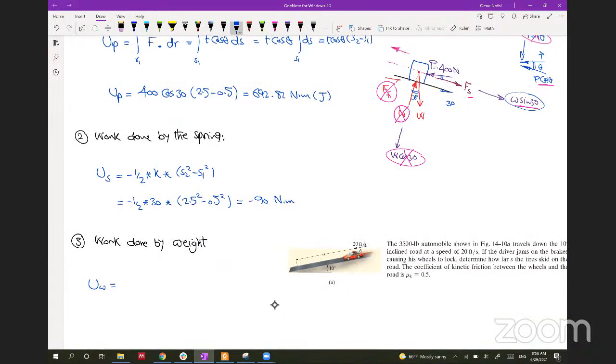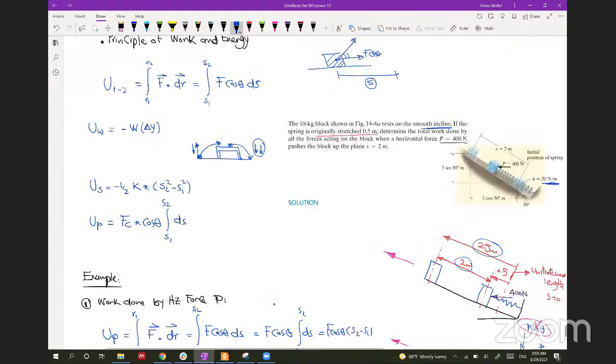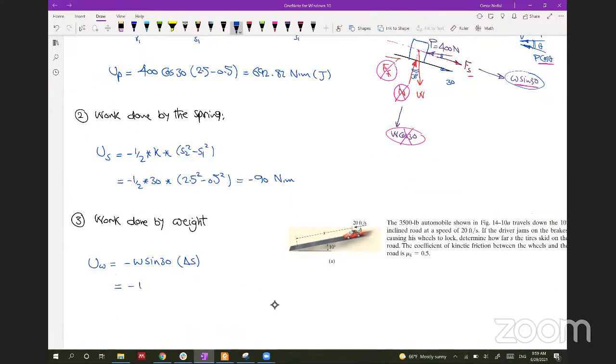So the force will be negative W sine 30, multiplied by delta S, which is 2. The W is 10 kilograms, so negative 10 multiplied by 9.81 sine 30 multiplied by delta S, which is 2 meters.